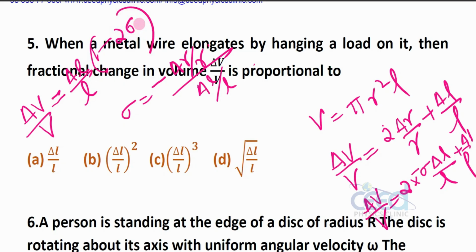Poisson ratio is a constant value. Then it is proportional to what? The change in volume percentage is proportional to delta L by L only.